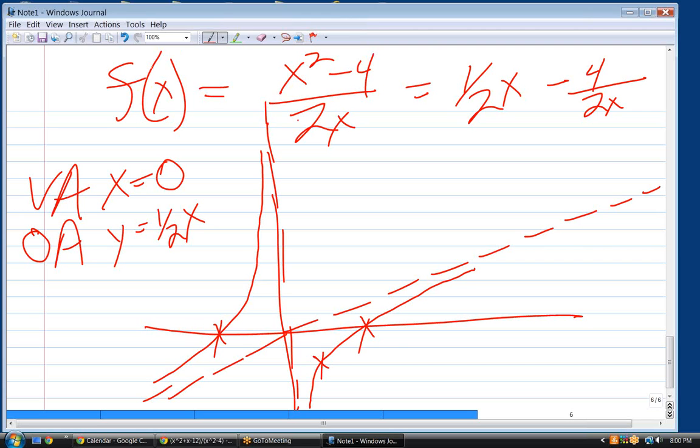So can you solve? If I set that equal to 0 and solve. Remember, it's only equal to 0 if the numerator is equal to 0. So those 2 points come at plus or minus 2. And now the picture of this is rapidly taking form. And this is what it looks like.